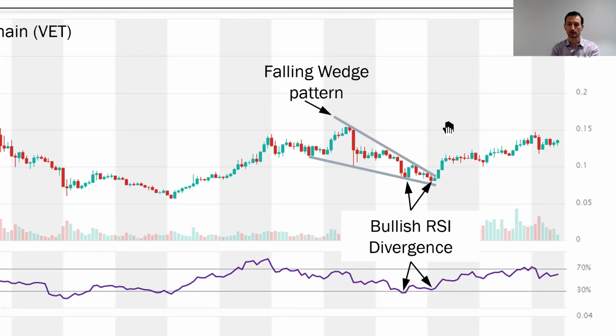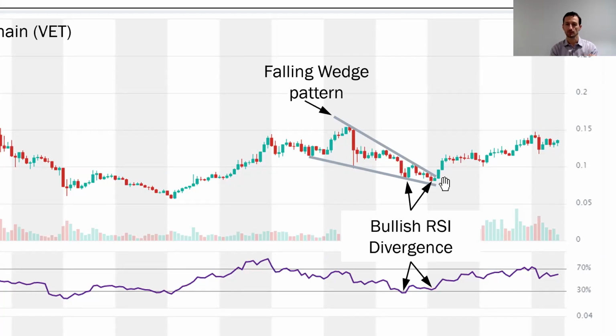This is really just last month or so. It wasn't an uptrend, but it was consolidating in a falling wedge pattern. Once we identified the falling wedge pattern, and this is something we'll do in future lessons, so I'm jumping a bit ahead, but I want to show you how RSI divergences are used.